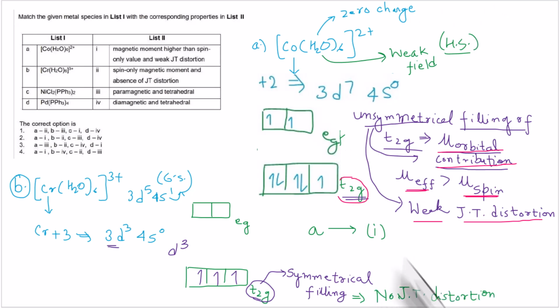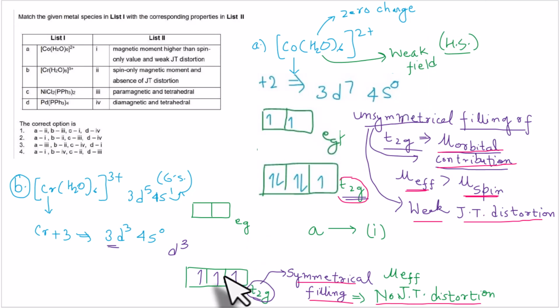As well as there won't be any difference in the mu effective and mu spin only, because mu effective will only be higher than mu spin when there is orbital contribution, that we know.